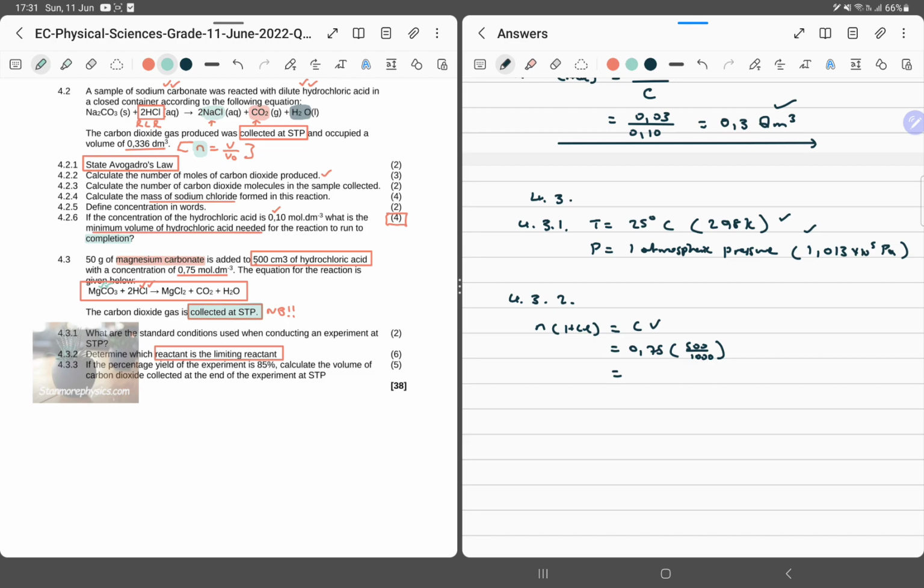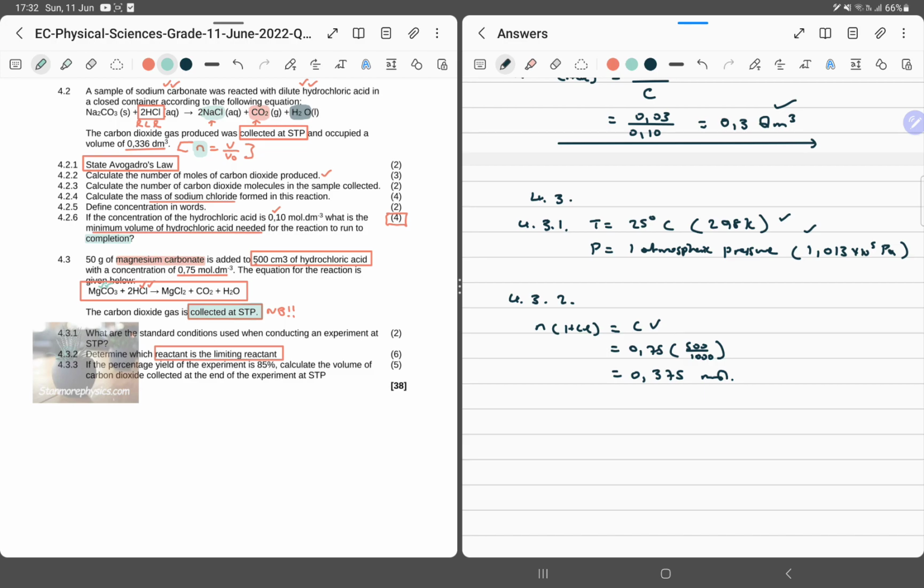So 0.75 times 500 divided by 1000. So we're getting 0.375 mole. All right. Now we've got a bit of a situation here.